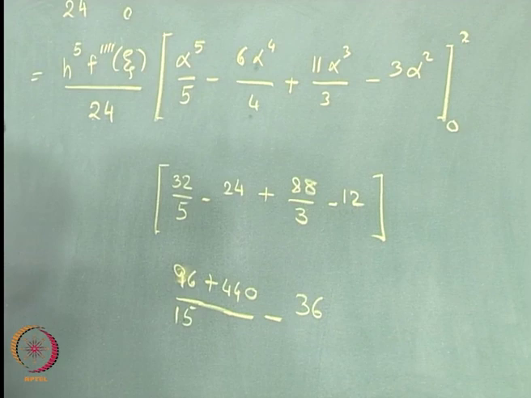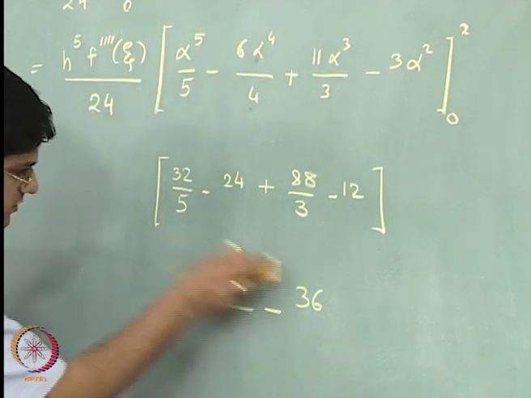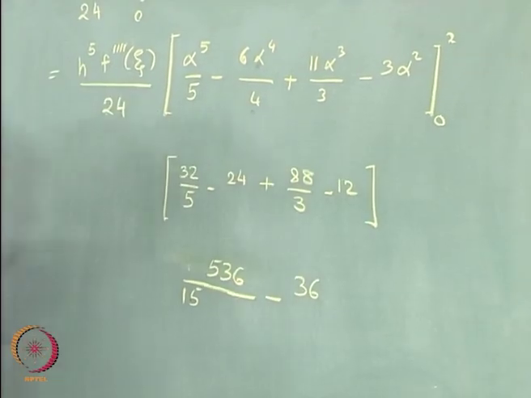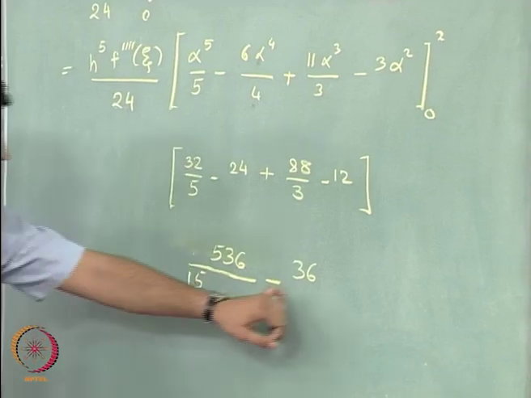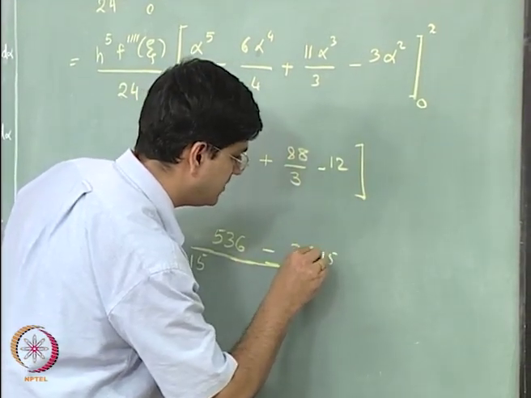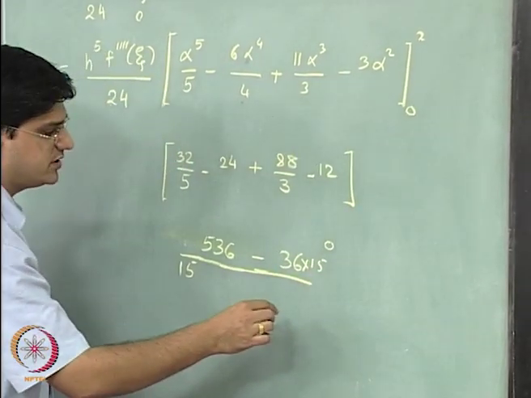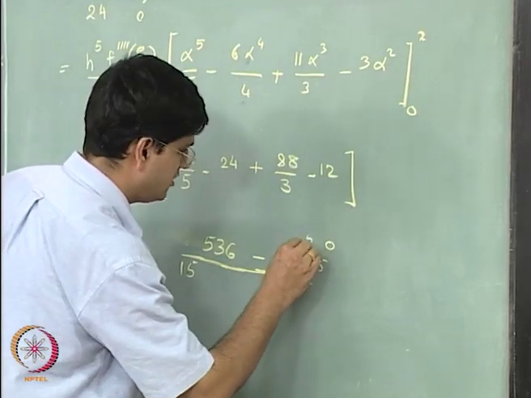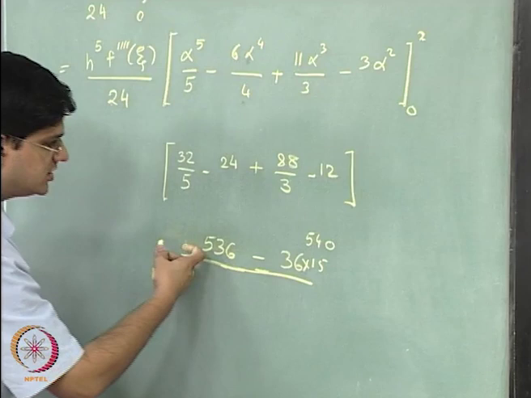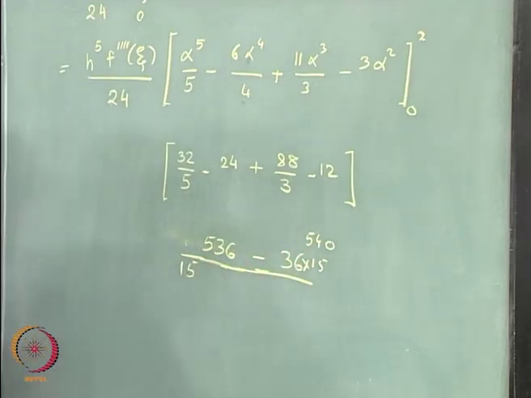So this is going to be 536 by 15 minus 36, or it is going to be minus 36 multiplied by 15. So 6 times 15 is 90, 540. Okay. So what we get is 536 minus 540, that is minus 4 by 15.